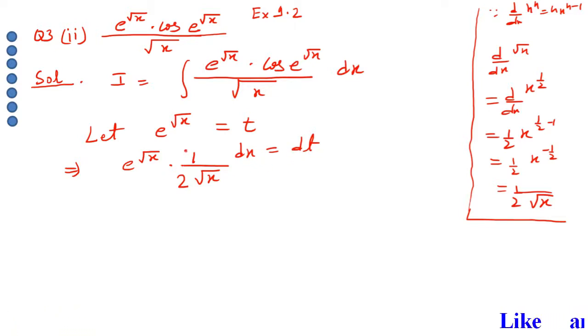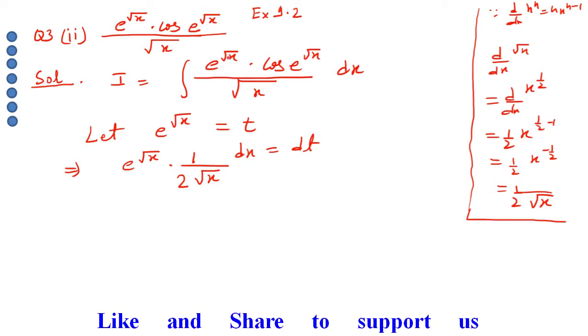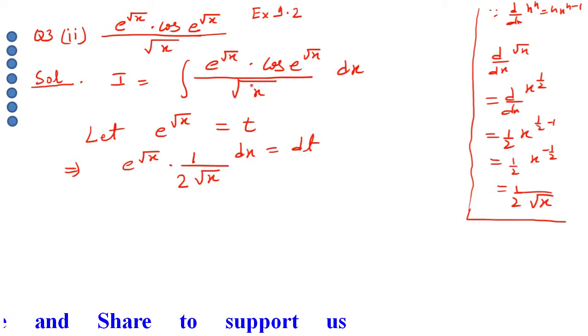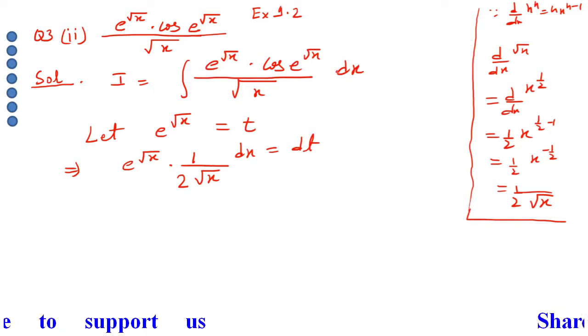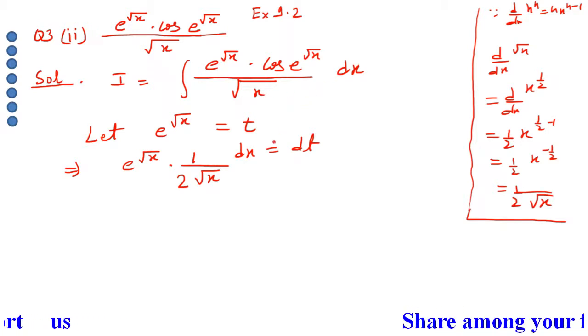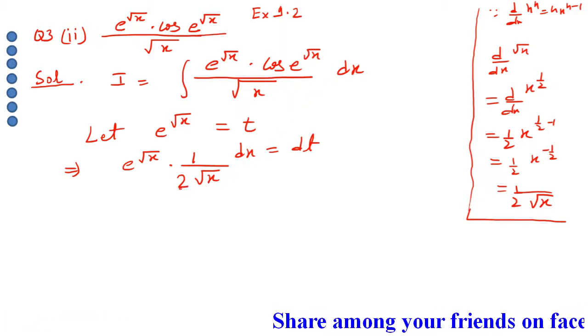Now we are going to keep only the required function which we need to substitute. Here we see e to the power square root of x, root x and dx. We have all these three, and what we don't have is this 2.